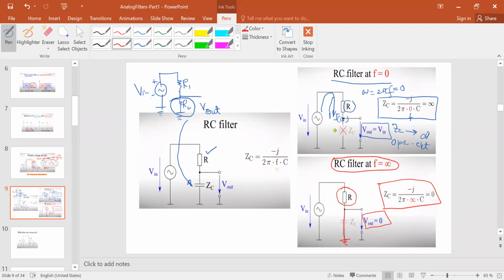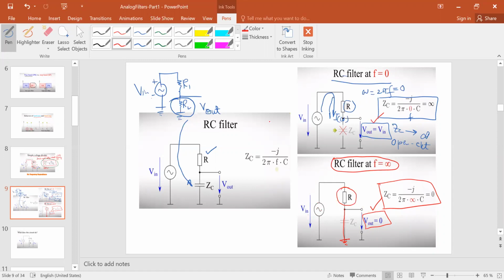So you see, before our V out was equal to V in, and now our V out is equal to 0. And this change in our voltage is dependent on frequency. We haven't changed the amplitude or the voltage supply here. We only changed the frequency of our voltage supply, and we are getting a completely different voltage at the output.